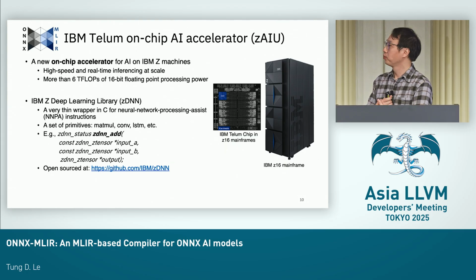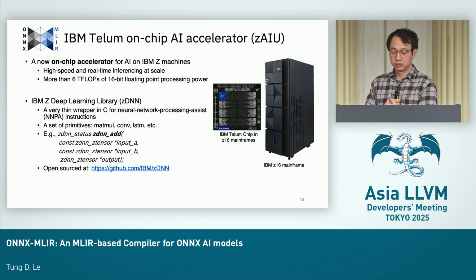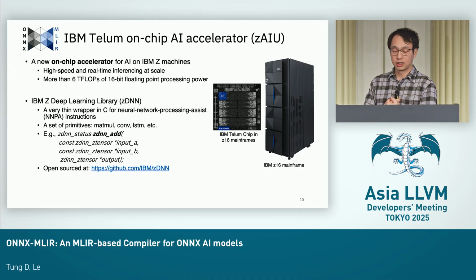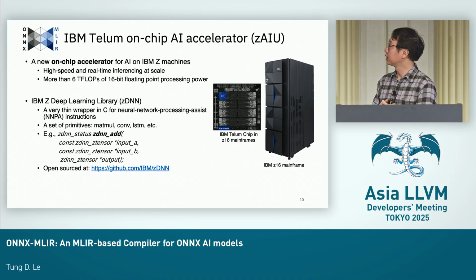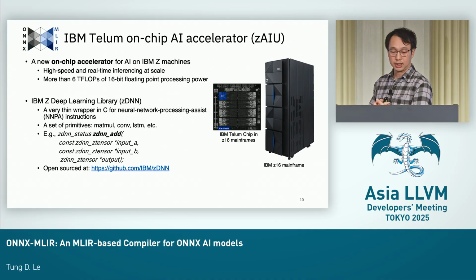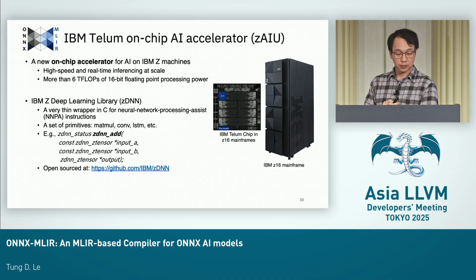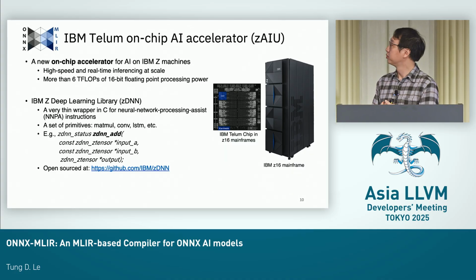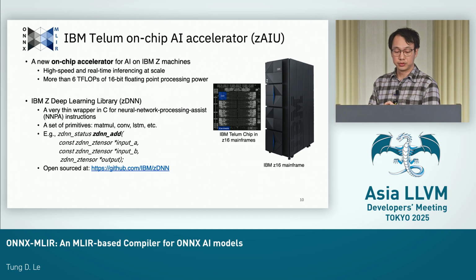After that, we extended our compiler to support accelerators. In IBM, we recently have an on-chip AI accelerator called zAIU. This is an accelerator for inference, so it provides high throughput and low latency inference.